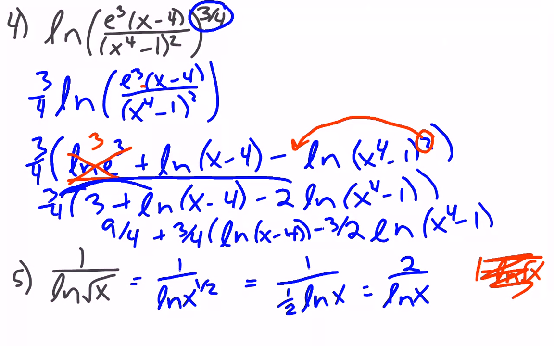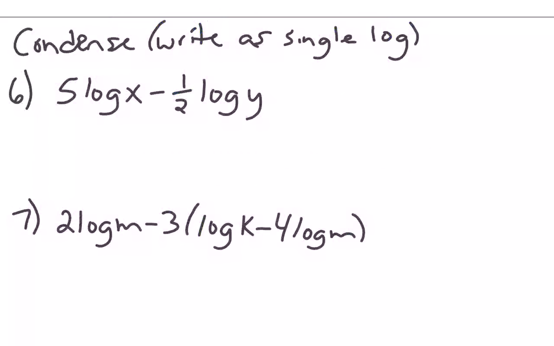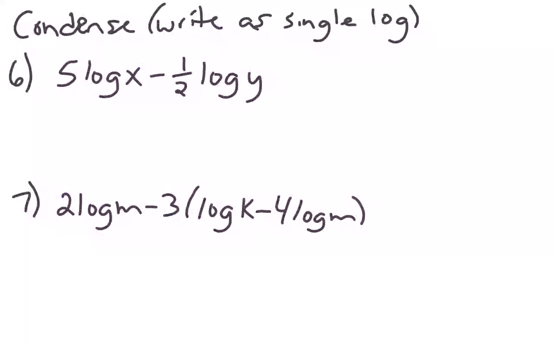Okay, let's go the other way, which is a lot happier because we're going to condense it and make it a lot tinier. So what we want to start with here are these exponents. If I have a coefficient of my log, that's going to come inside as an exponent.